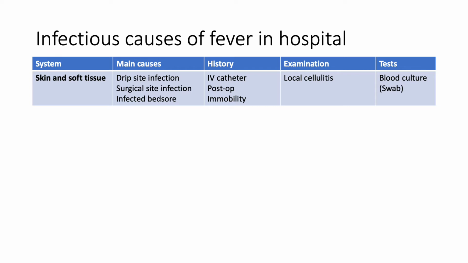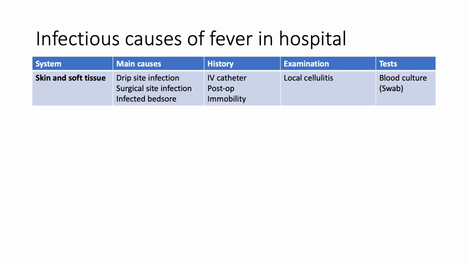If we think about what questions on history we can ask, either to the patient, or if they can't talk, as in this case, the patient with a stroke, their caregivers or nurses, things that are important indicators of a potential infection in this system are presence or recent history of a peripheral intravenous catheter or a central intravenous catheter for that matter, patients that have got surgical wounds after an operation, and in terms of bed sore, immobility, and I spoke about this earlier. So you can immediately see that just asking these three questions can lead you to a potential explanation for someone with a fever quite quickly.